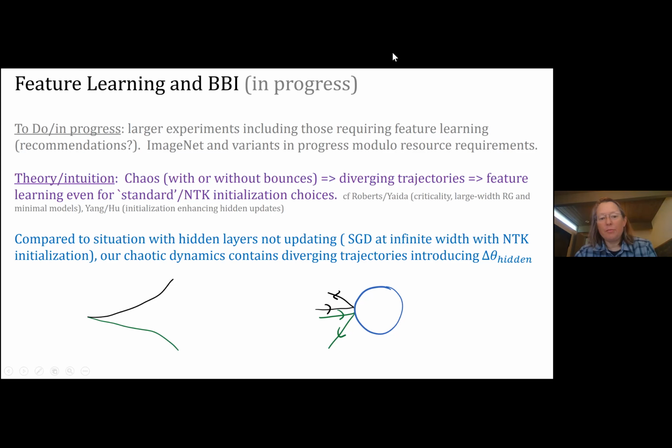As you know, one can simply write down the equations for the updates of the various layers, of the pre-activations in the different layers. And there are very nice treatments of that in the literature, including in the book by Roberts and Yaida. There's also a scheme for initializing differently so that you essentially force the system to update the hidden layers.